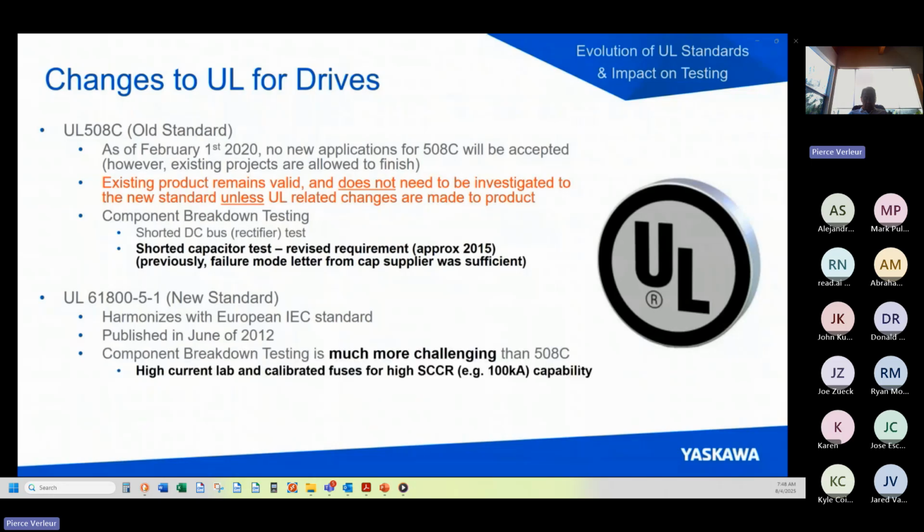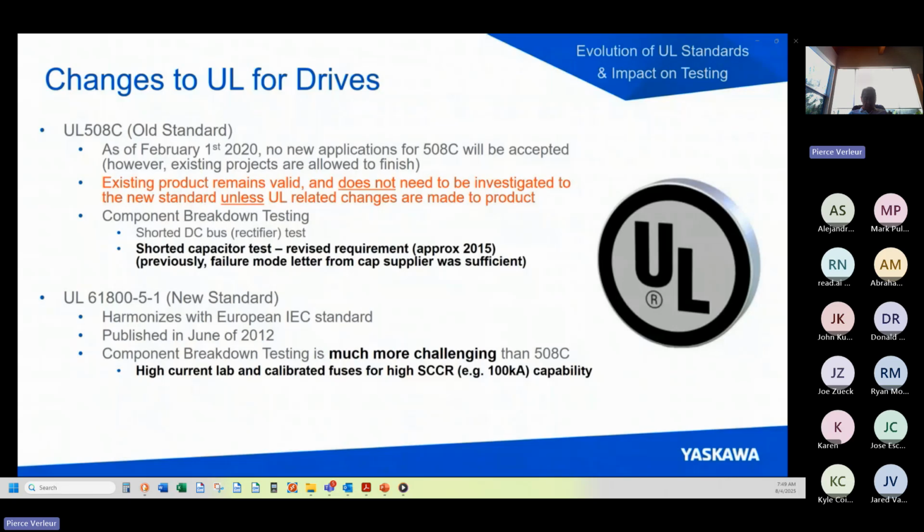And we talk about component breakdown testing. Now, this component breakdown testing is even more challenging than 508C. Even more challenging than the new requirement under 508C.